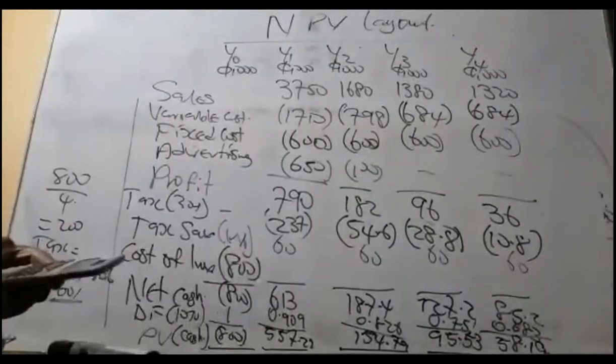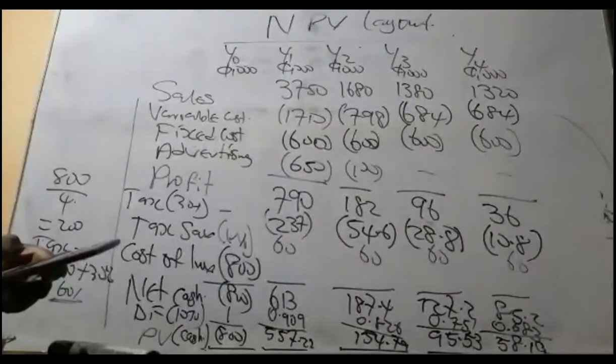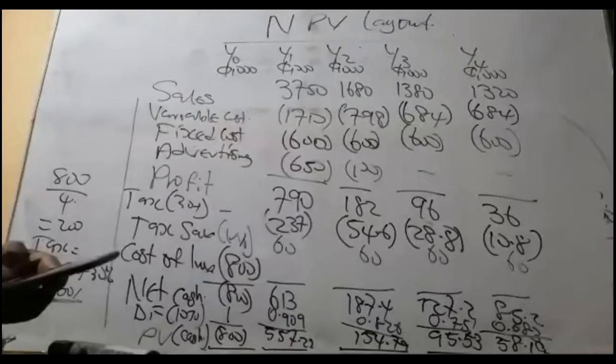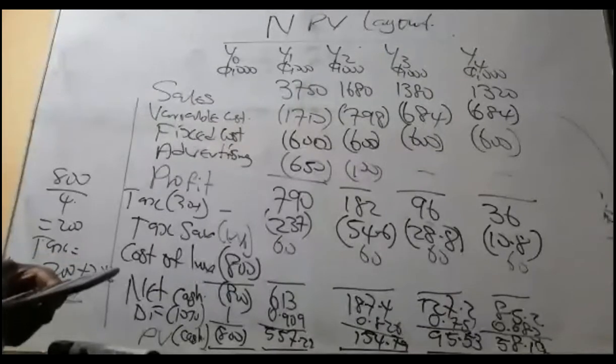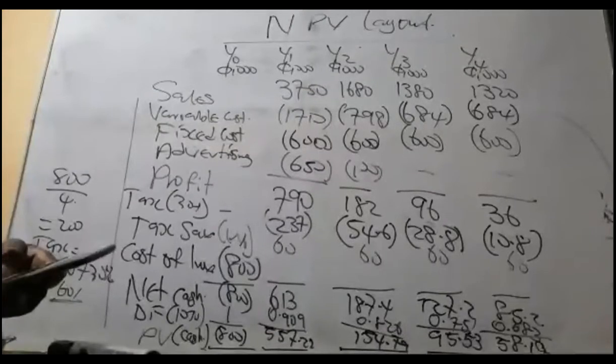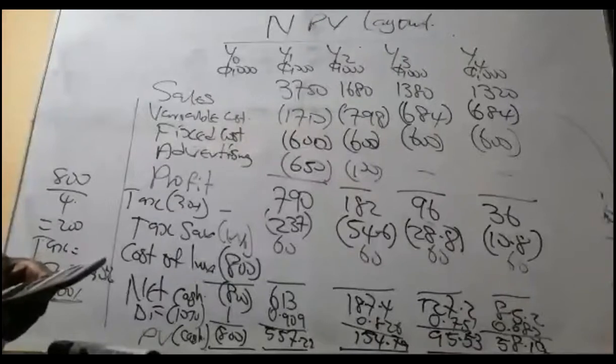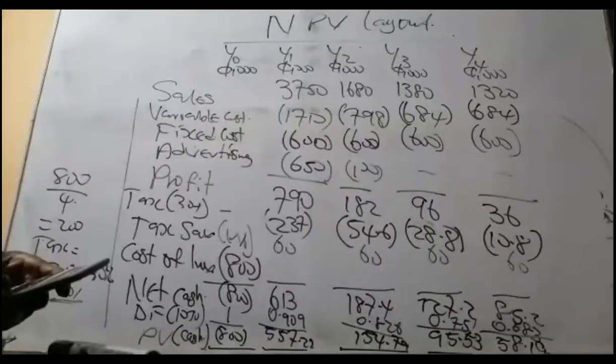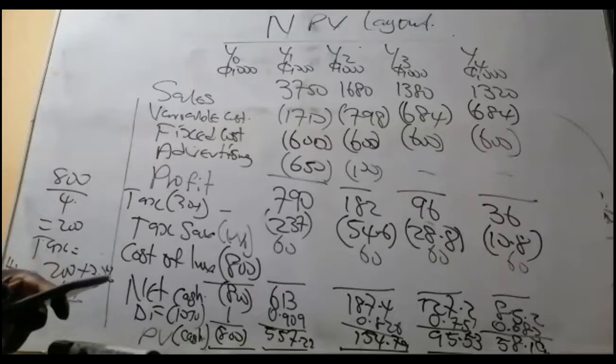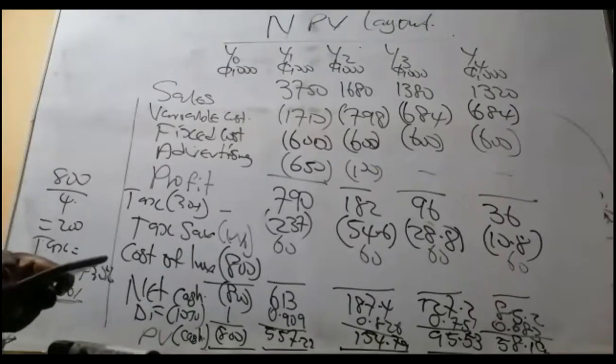So therefore, the answer will be minus 800 plus 557.22 plus 154.79. The next one will be 95.53, plus 58.19.